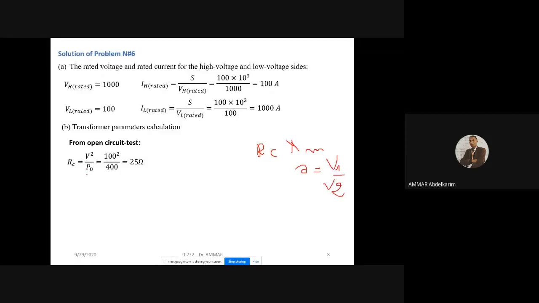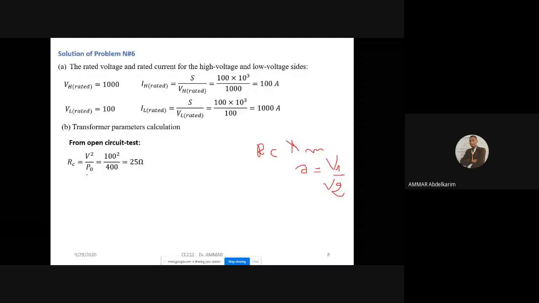R_C, the resistance that represents the core losses, equals V over I_C, which is the current that represents the core losses, and equals also V squared over P_0, which is the power in the no load or open circuit test.